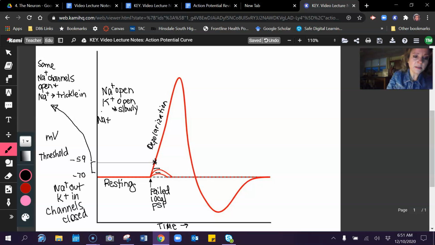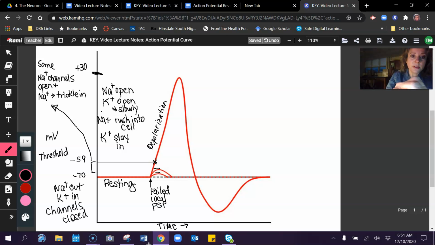Sodium ions rush into the cell, while potassium ions stay in the cell. So now what you have is a great collection of positively charged particles inside of the cell. And that is what is driving our membrane potential to become more positive, at about positive 30.